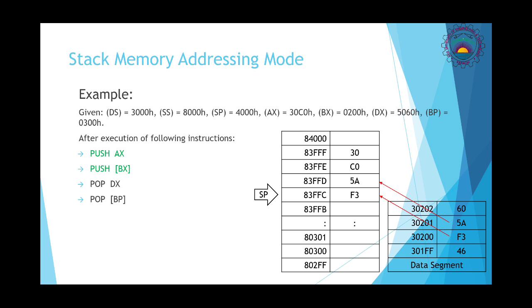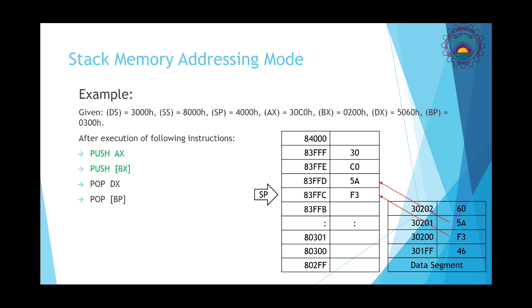The diagram shows that the lower byte of that word, which is residing at 30200, that is F3, is moved to the SP-2 location, that is 83FFC. And the higher byte of that word, F5, is moved from data segment location 30201 to top of the stack address 83FFD.